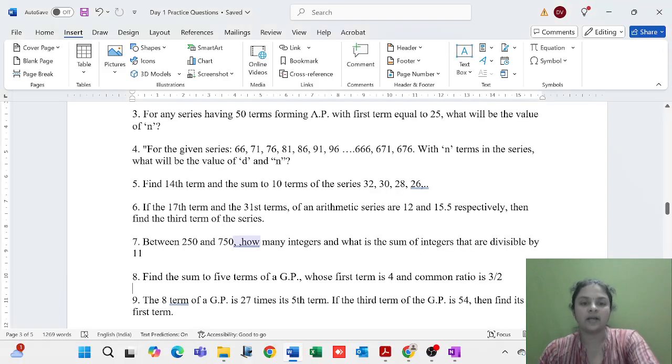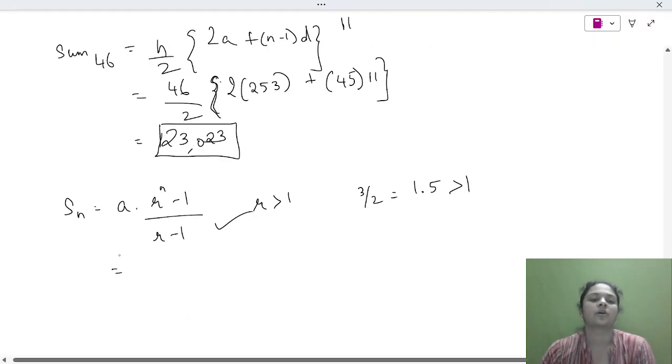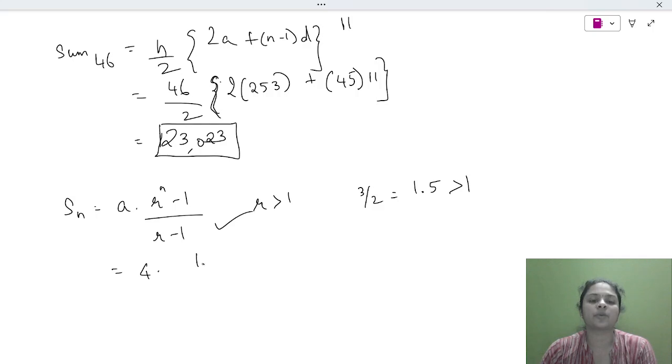So, what is the A first term? 4. So, 4 into r power n minus 1. So, 3 by 2 power n minus 1 or 1.5 power 5 minus 1 divided by 1.5 minus 1. You can either retain it as fraction 3 by 2 power 5, or you can do it as 1.5 to the power 5.